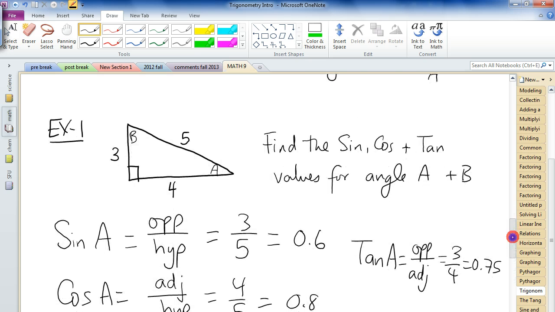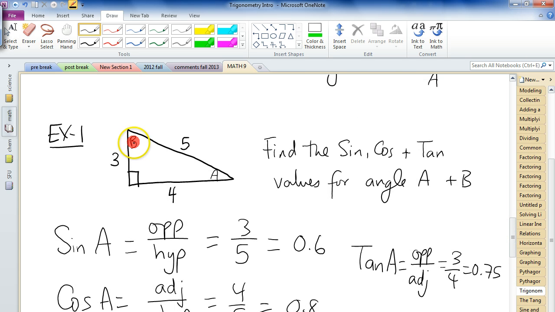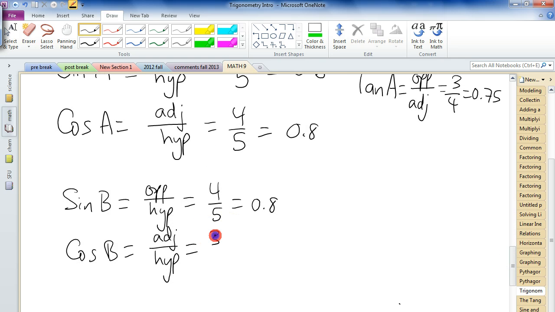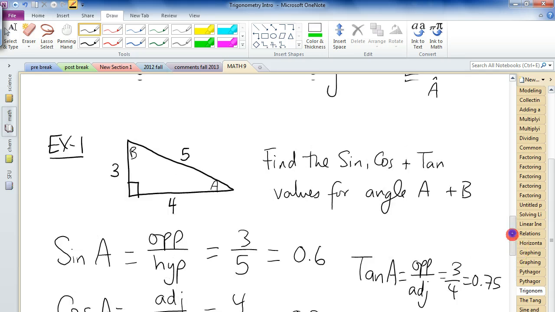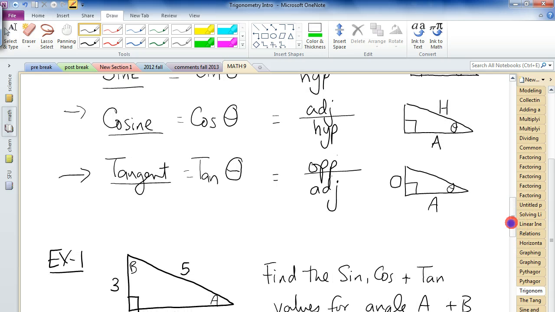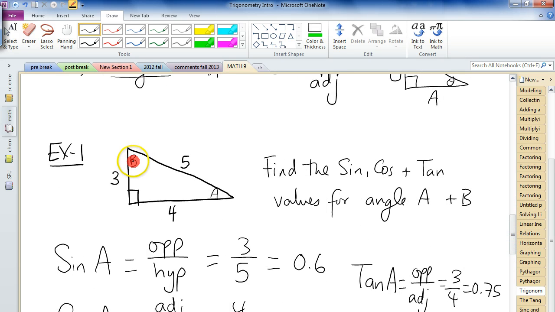The cosine for angle B, cosine again is adjacent over hypotenuse. For angle B, adjacent, meaning next to, is 3, hypotenuse is 5, so 3 over 5, which is 0.6. And the tangent of angle B, which is opposite over adjacent, is, there's angle B. What's the opposite of angle B? 4.